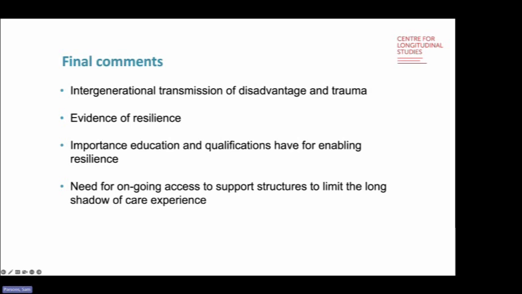However, the findings illustrate the need for parents with out-of-home care experience and their children to have ongoing access to support structures aiming to limit the cast of the long shadow of care experience among these most vulnerable families, particularly in regards to their mental well-being.